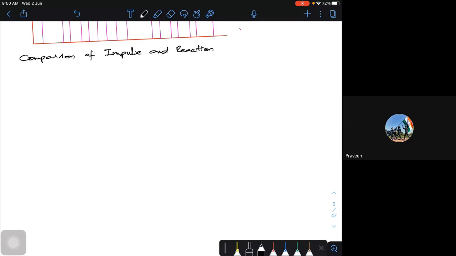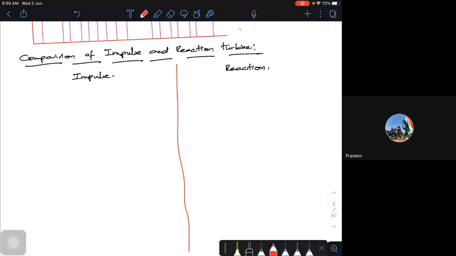Impulse on one side, the reaction on the other side. If I try to bifurcate with a line, let me write one by one.